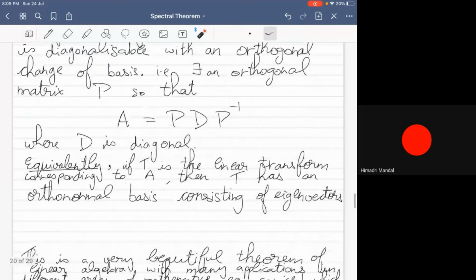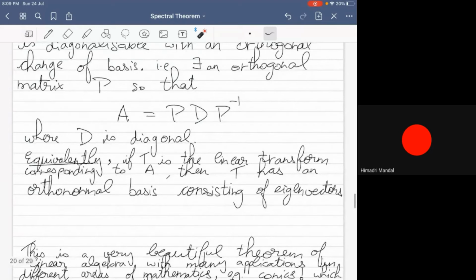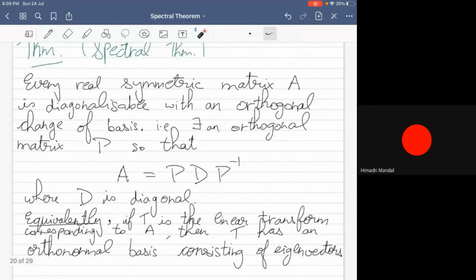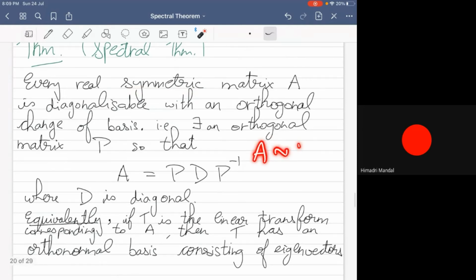And what I mean by this is that for a real symmetric matrix A, symmetric matrix means A is A transpose, and A is similar to D, as in every real symmetric matrix is diagonalizable. And moreover, we have an orthogonal matrix which diagonalizes A, as in we have an orthogonal matrix P such that A is P D P inverse.